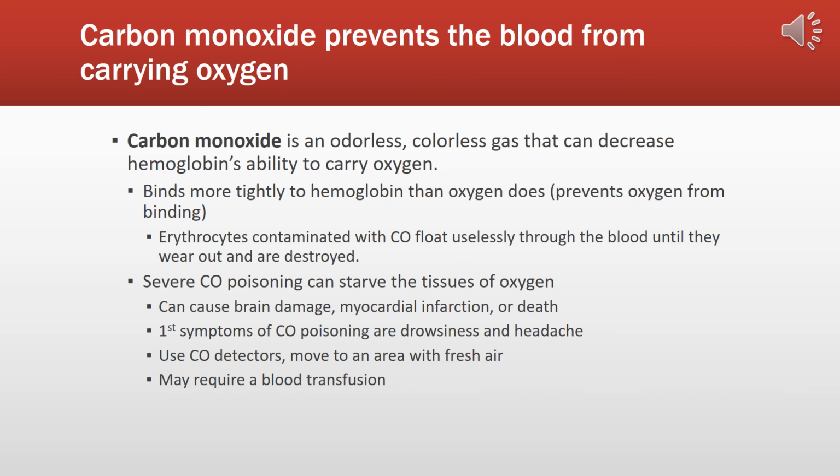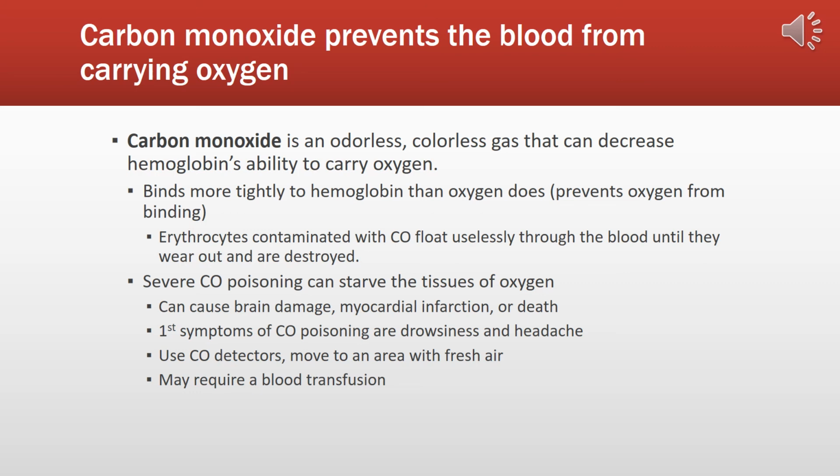And severe CO poisoning can cause starvation, or rather oxygen starvation, of the body tissues. And this can cause brain damage, myocardial infarction, or even death. The first symptoms of CO poisoning are drowsiness and headache.